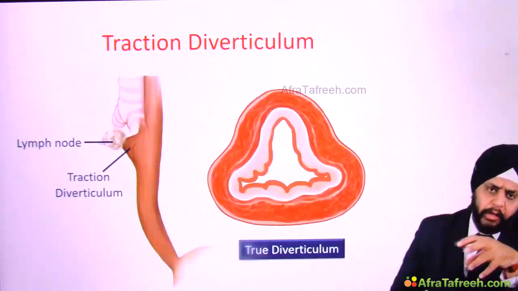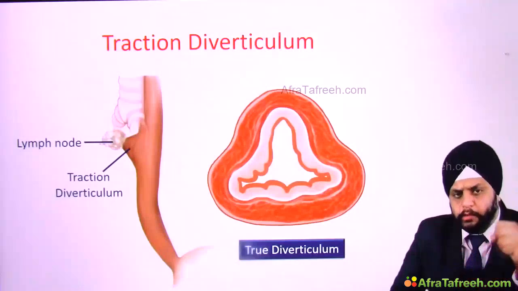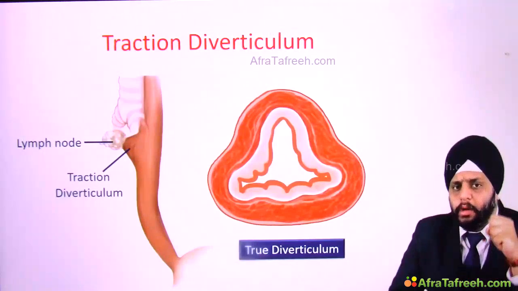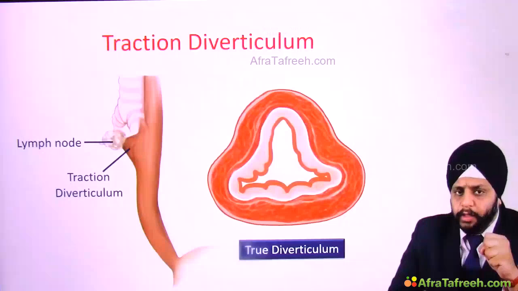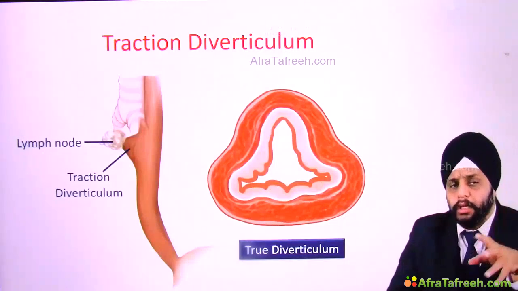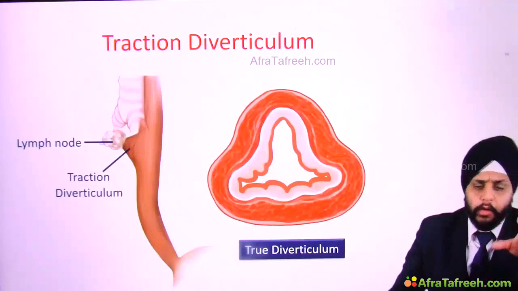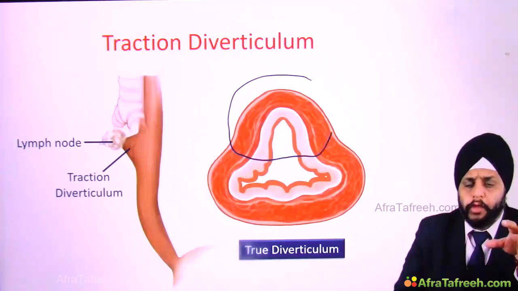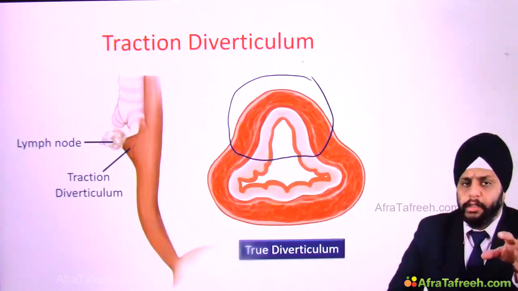Now look at this diagram. When there is a traction diverticulum, when something has pulled the esophagus from outside, this pulls all the layers of the esophagus. So this is a true diverticulum. It has all the layers. So the traction diverticulum is a true diverticulum. You can see all the layers of the esophagus are there.